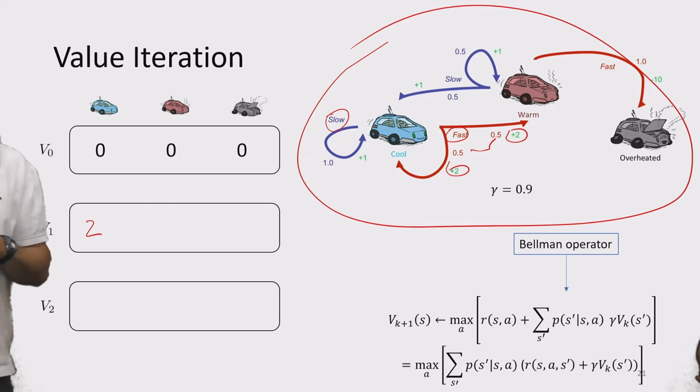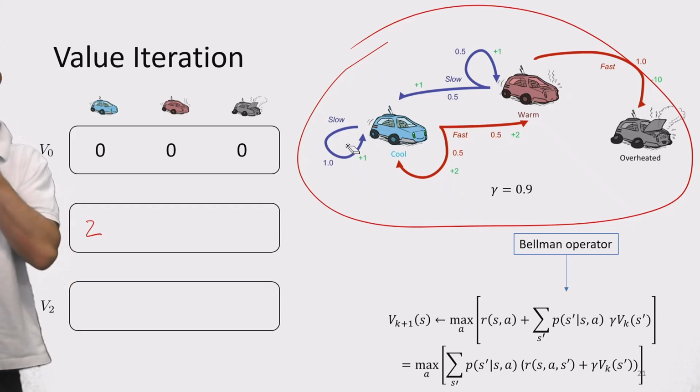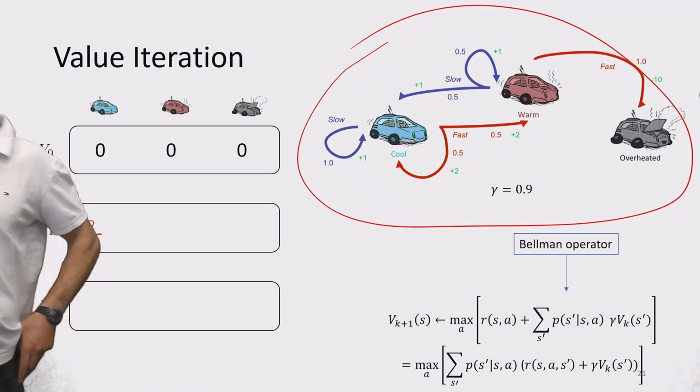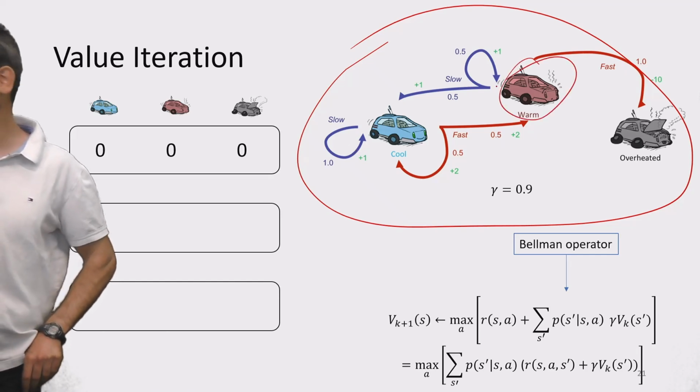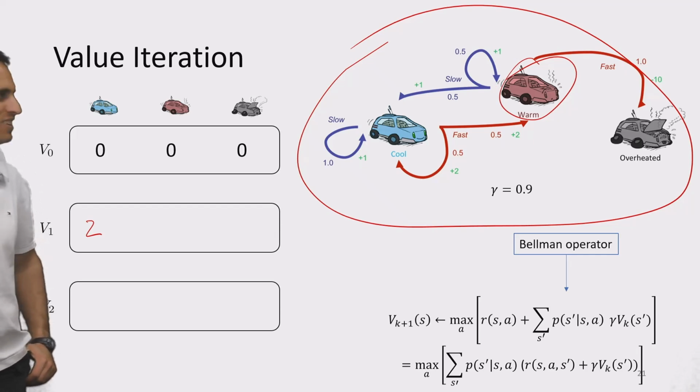Can you answer quickly without computation? What is the state value at iteration 1 for state warm? In state warm, we'll never take action fast, right? We'll always take action slow. It seems like action fast is just the wrong thing to do there. So it'd be plus 1 again.